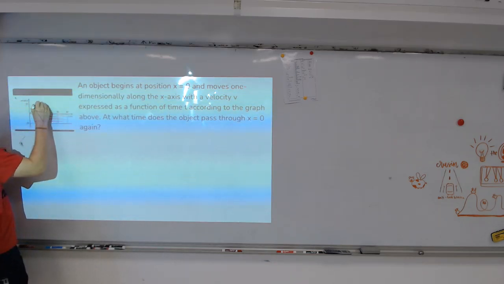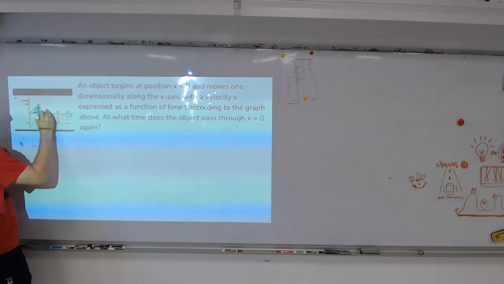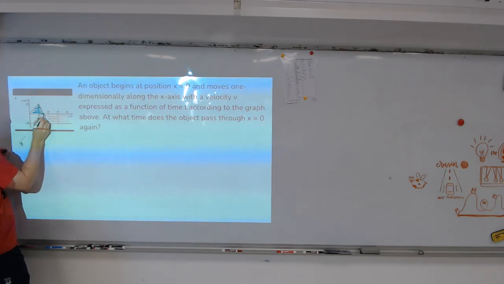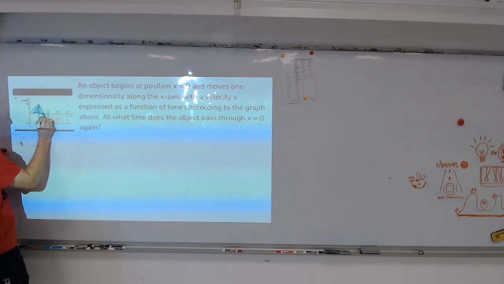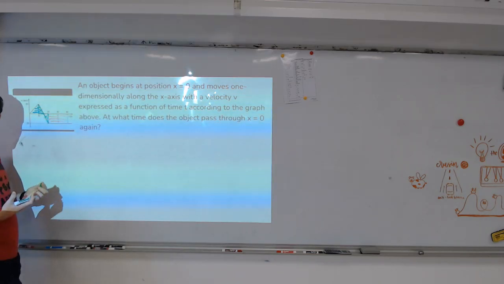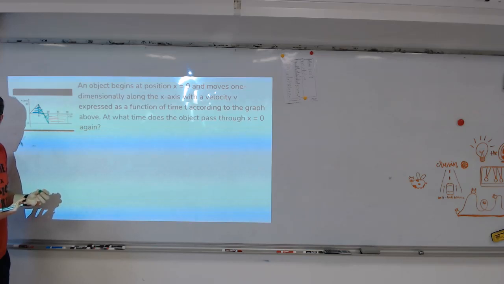What I'm noticing here is that this triangle looks like it's about 5 by 20, and this triangle right here is also 5. It went from 10 to 15, 15 to 20, and also has a height of 20. So these two triangles are identical. They essentially cancel each other out, right?